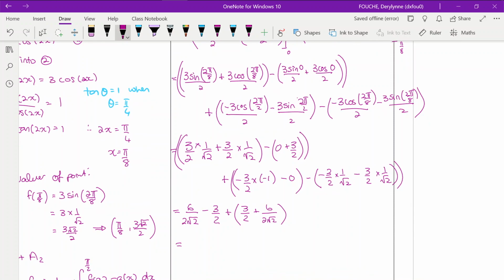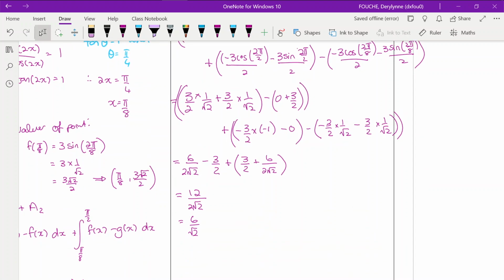And lo and behold, the negative 3 on 2 and positive 3 on 2 cancel, and I have 12 on 2 root 2, which becomes 6 on root 2. And I want to rationalize that, so it becomes 6 root 2 on 2, and that just becomes 3 root 2 square units.